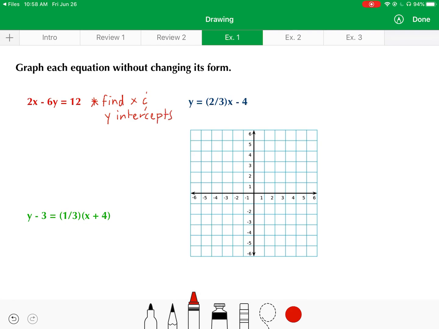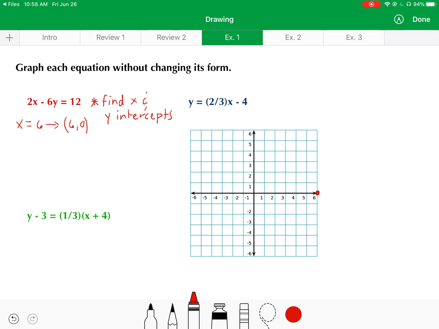Now x and y intercepts are pretty simple to find in this form. If I want an x-intercept, I simply plug 0 in for y. That's going to nullify the -6 here. Solve for x, I'll end up with x equals 6, which corresponds to the point (6, 0) on this line. Go ahead and plot that point.